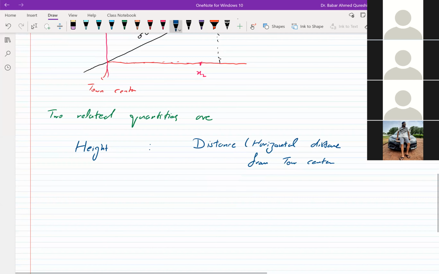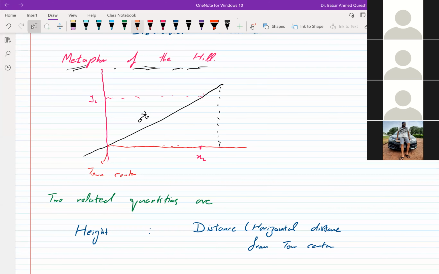Now, so you have this, then you can talk about, you can have this hill, or you could have another hill. So the difference between this hill and this hill, the black and the green hill, is that the green one is much steeper compared to the black.